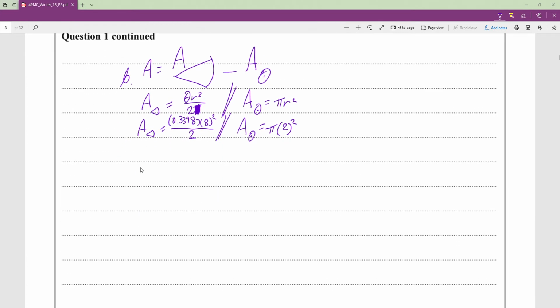And now we can perform the subtraction, or we can write out what values we're subtracting. And after plugging this into your calculators, you should be able to find the answer to this question.